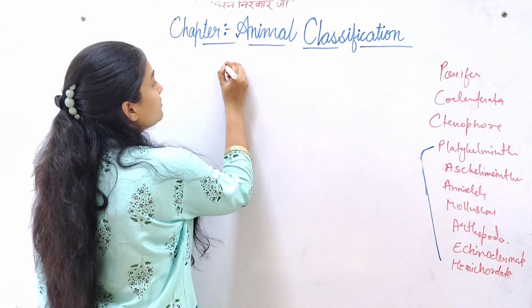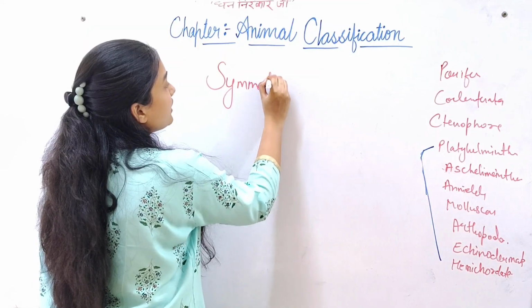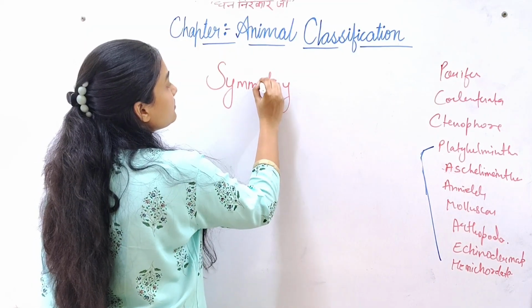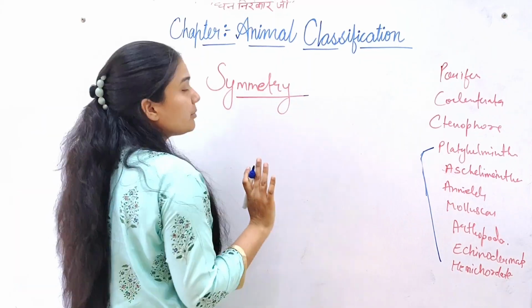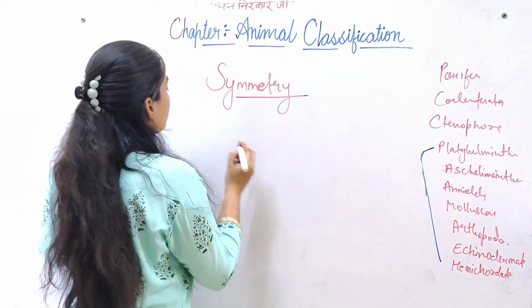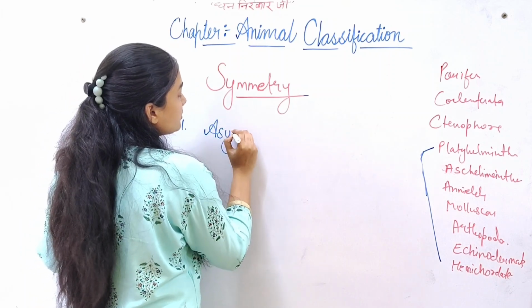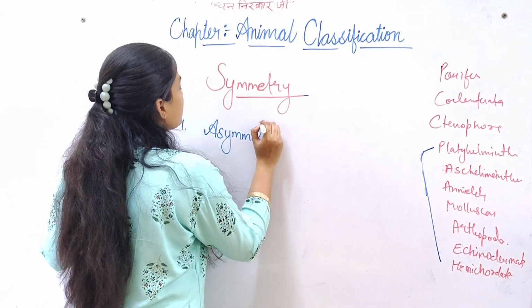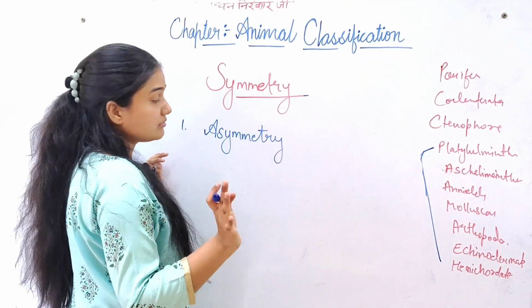Animals are classified on the basis of their symmetry. Animals have three symmetries. First one is asymmetry, those animals which do not have any type of symmetry in their body.